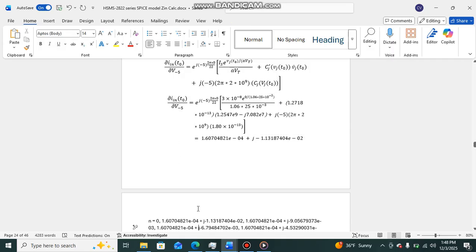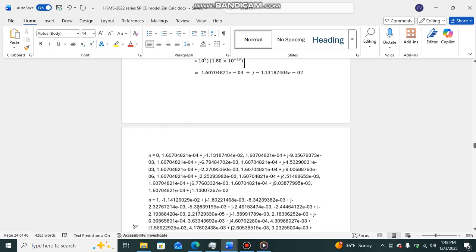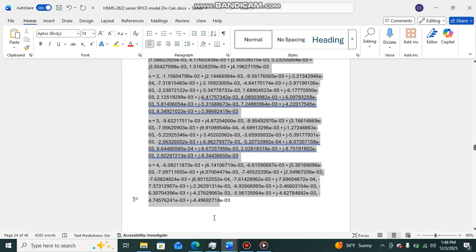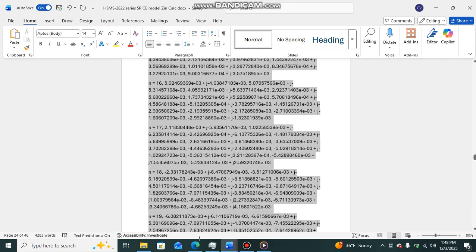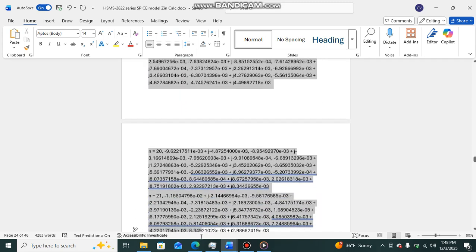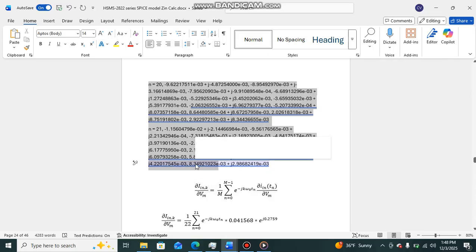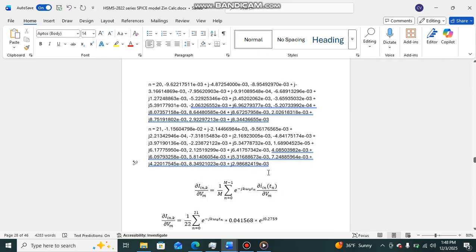So there's a matrix that shows you, for n equal to 0, you get all these values here, and all the way to 21. That's the time domain Jacobian. What we want is the frequency domain Jacobian.